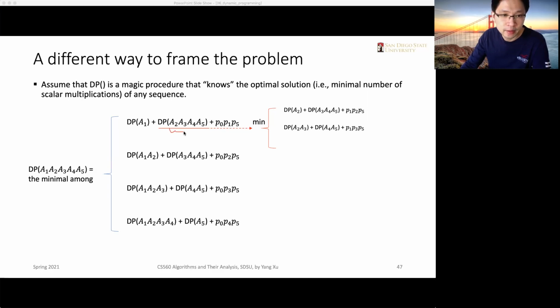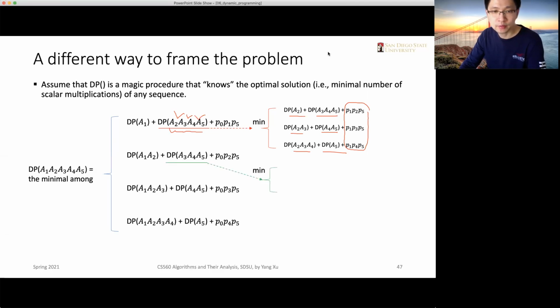The subproblem from A2 to A5 is also something we can further decompose, into the minimum among these 3 options, because there are 3 different places to place the split: 1, 2, 3. So the result would be a similar substructure of the problem. Remember we always need to consider the additional cost.